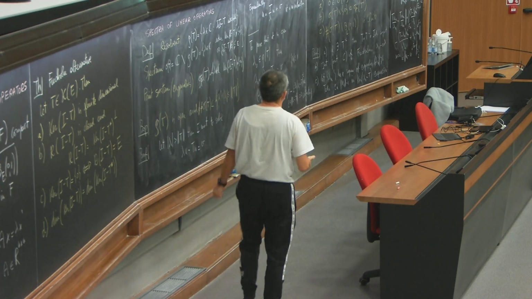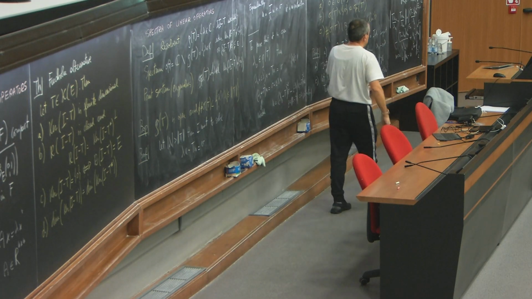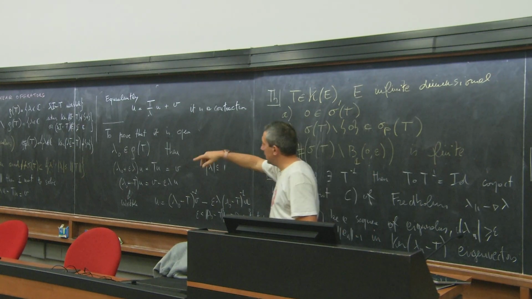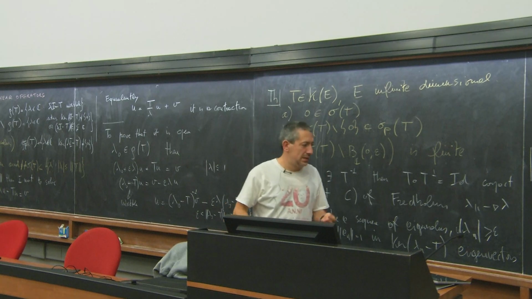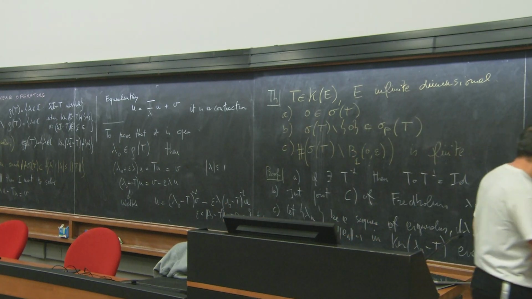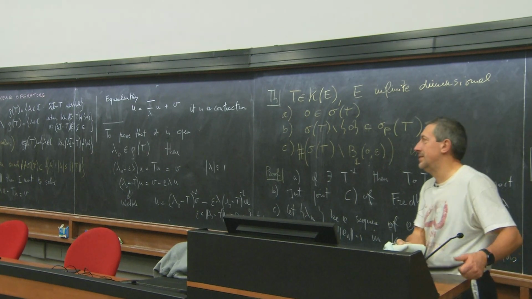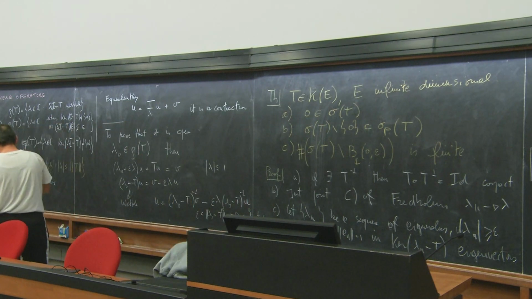So the number of eigenvectors is less than the dimension of the kernels, and the sum of the dimensions of the kernels is finite because of point A of the Fredholm alternative. But it is like in the finite dimensional case: either you speak of generalized eigenvectors, or it is a subset. They don't span the whole space.